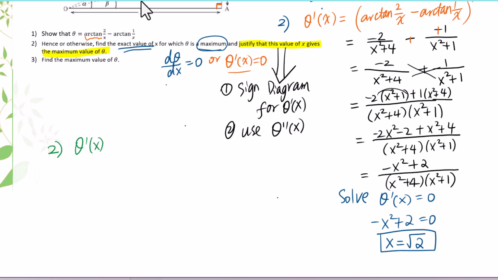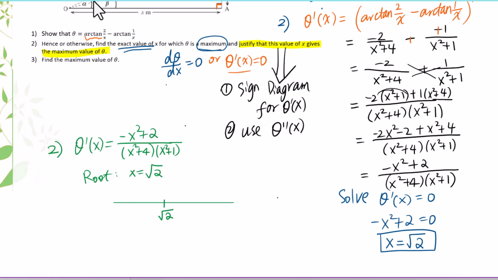Theta prime of x equals negative x squared plus 2 over x squared plus 4 times x squared plus 1. There is no vertical asymptote. We figure out the root is the square root of 2. Then draw this sign diagram, square root of 2. Remember this x cannot be a negative number.